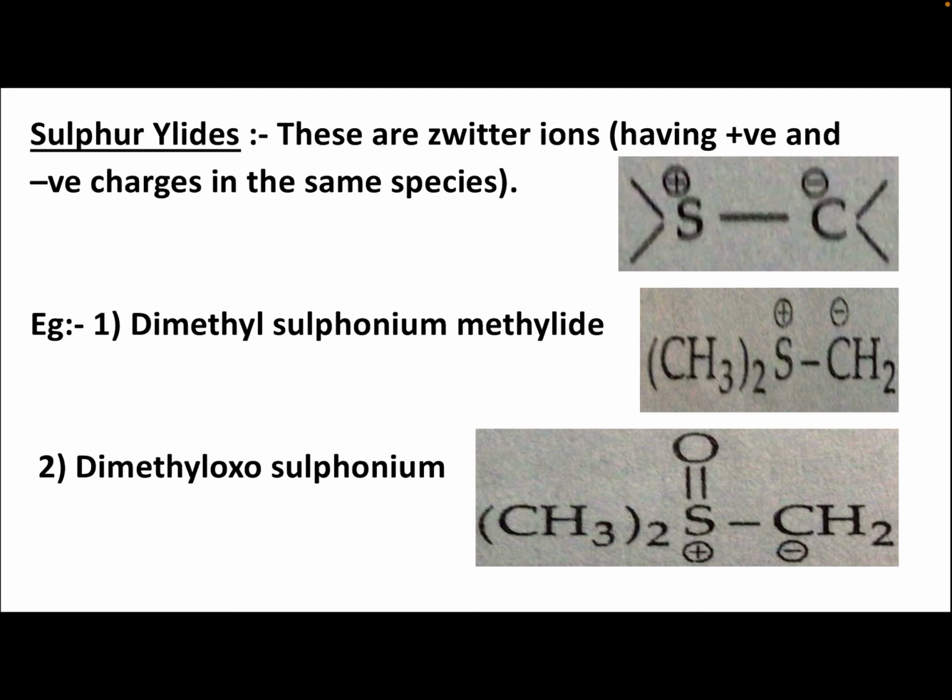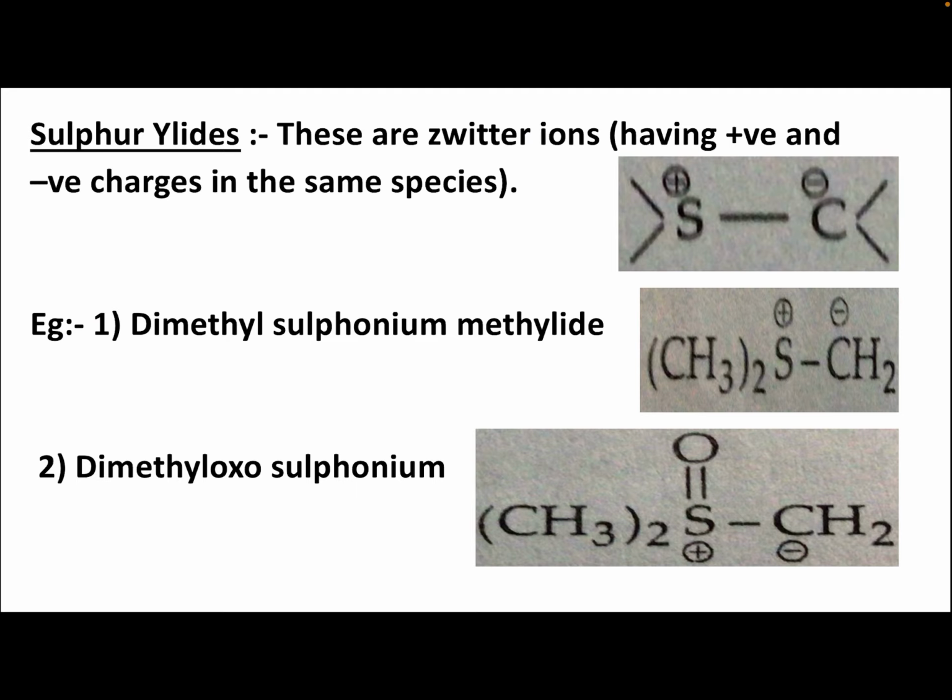Next, sulfur ylides. Ylide, the Y is silent, so we call it sulfur ylide. These are zwitterions. What do you mean by zwitterions? If the same species carries positive and negative charge, then it is known as a zwitterion. So it is S plus, 2 bonds, C minus, 2 bonds. In this way we can write sulfur ylides. Examples are dimethyl sulfonium methylide and dimethyl oxosulfonium methylide.